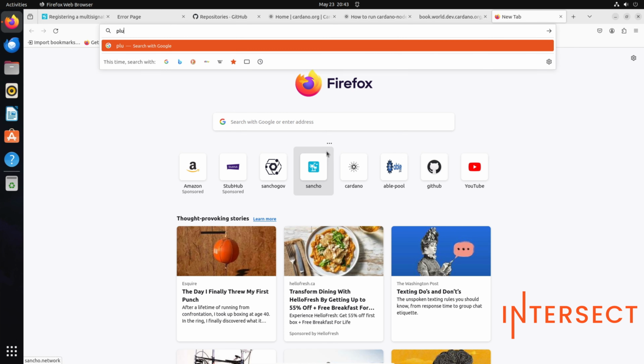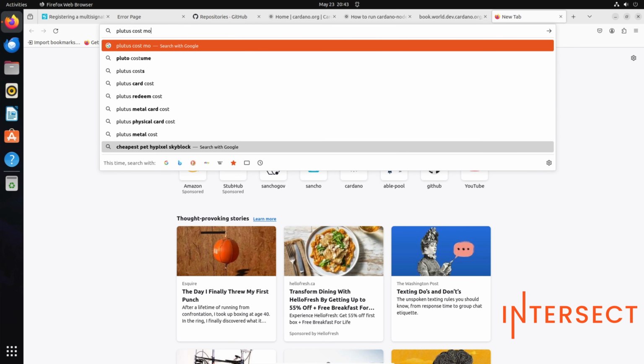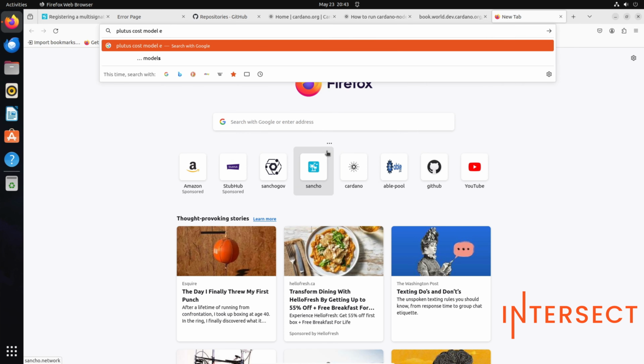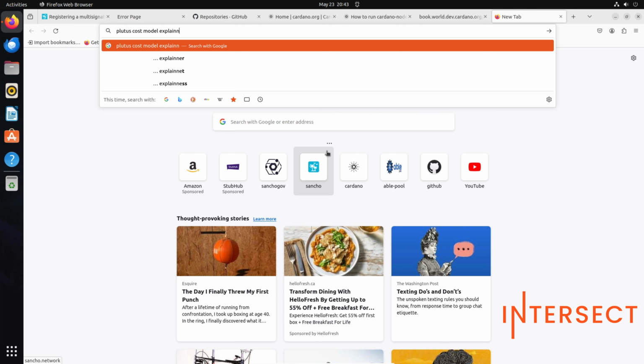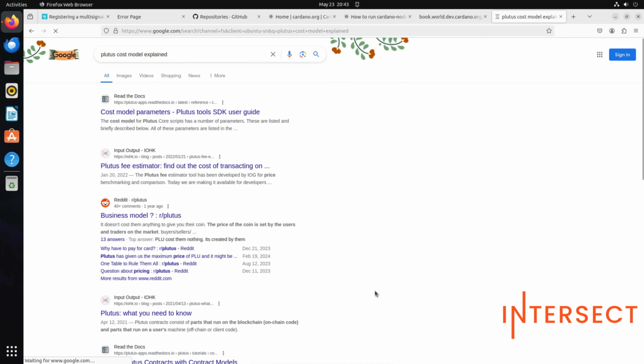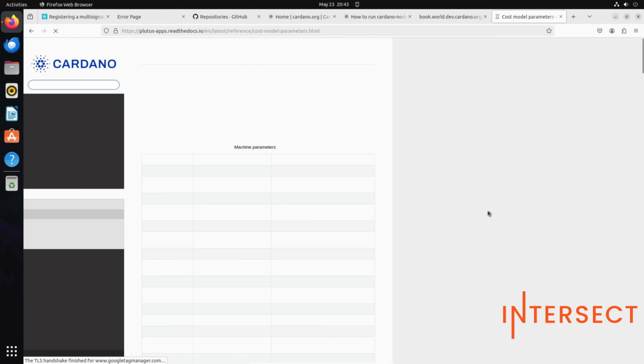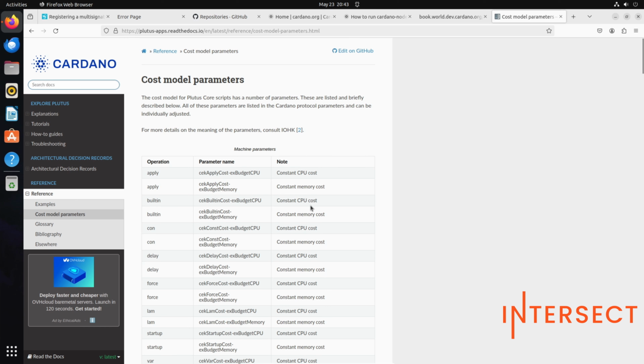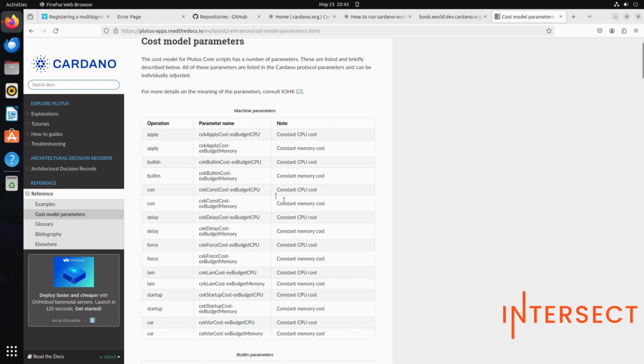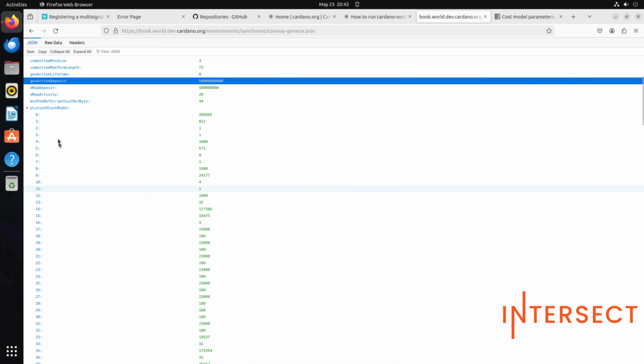Bluetooth cost model. I'm gonna try like this. I think that's actually this link. So this is the Bluetooth cost model, which is also seen here. Here all you can see is the values. Give me a second. Okay, I glitched it.